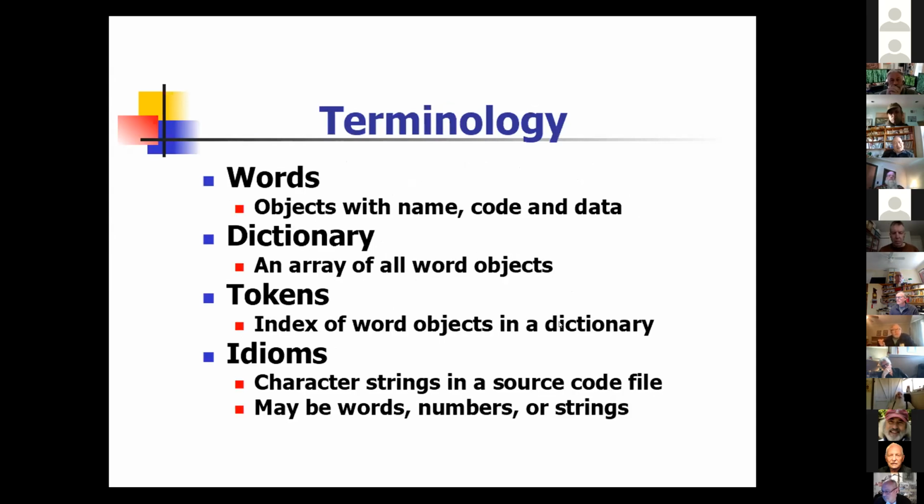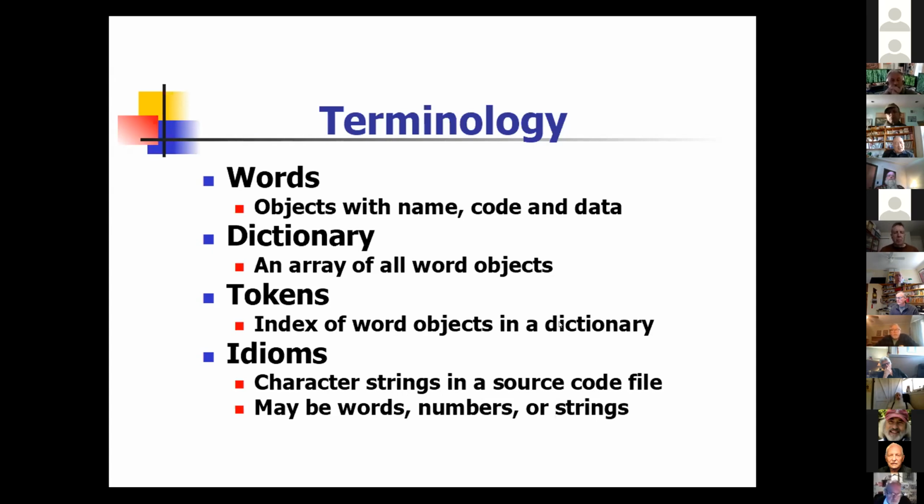So I need to make my terminology clearer. Words is a word which is used in too many contexts. So here I would define a word as an object which has a name field, a code field, and a data field.